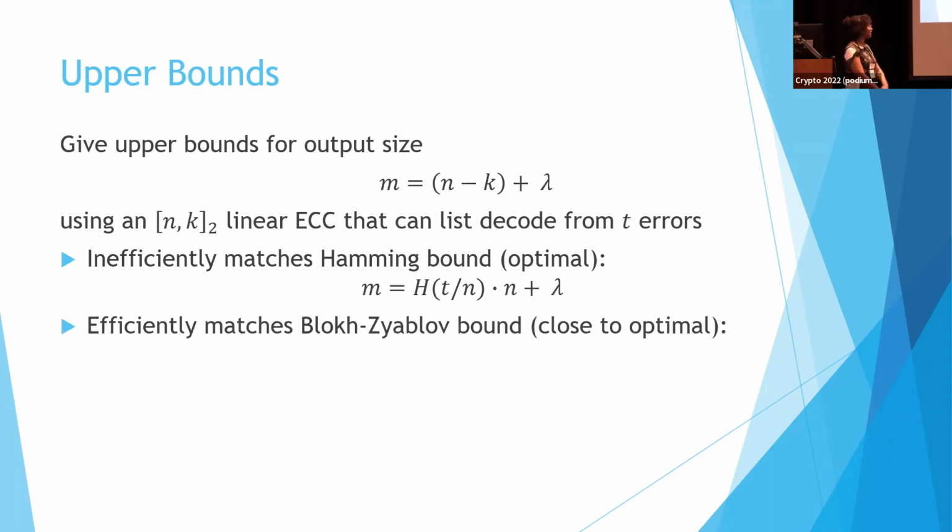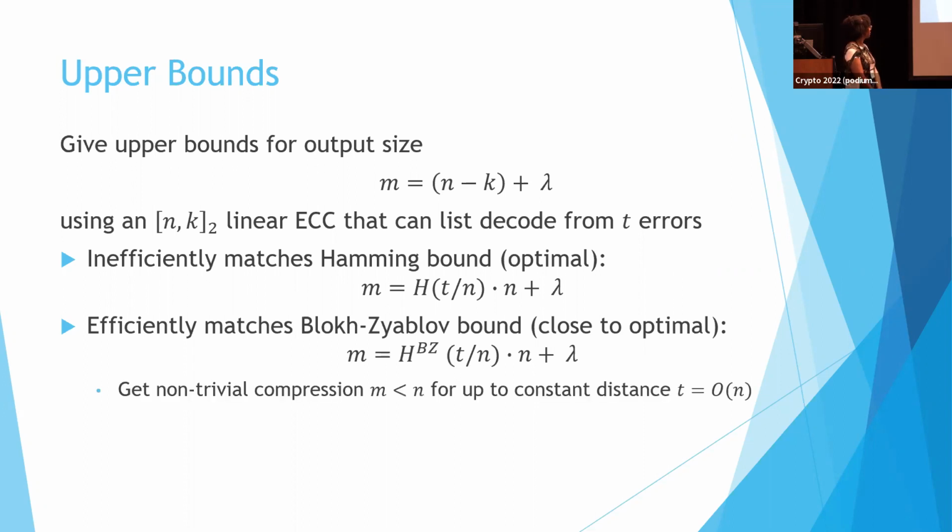If you want efficiency, we have codes to meet this slightly weaker Blokh-Zyablov bound. It's not too far off from the Hamming bound, but there is a small difference. Okay, and here's the output size for using those codes. We can get a non-trivial compression for up to a constant distance of T equal to big O of n.